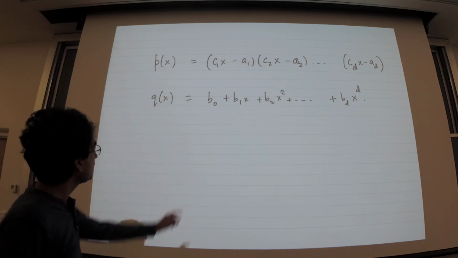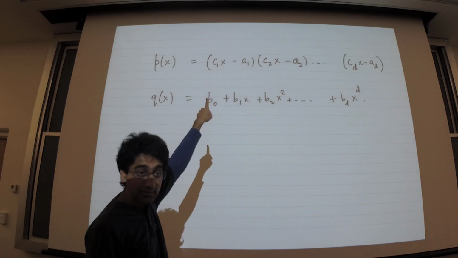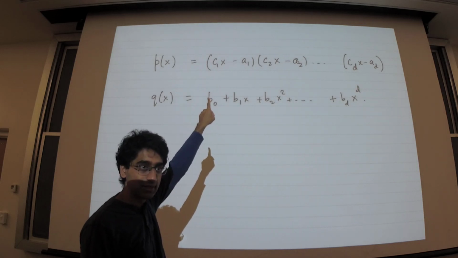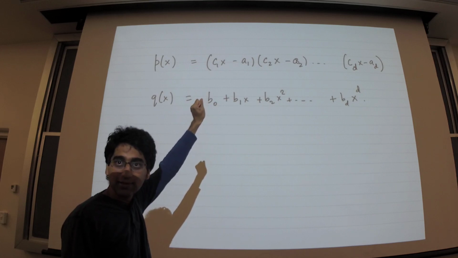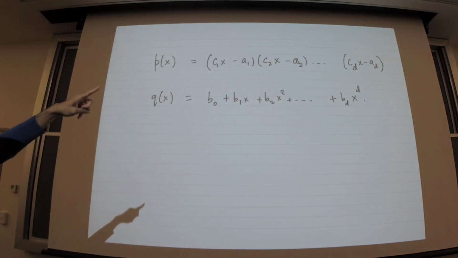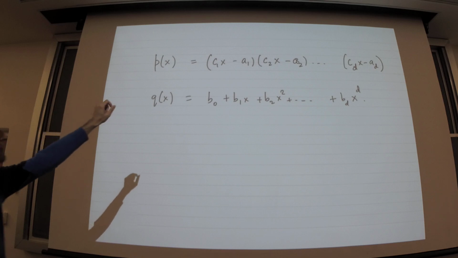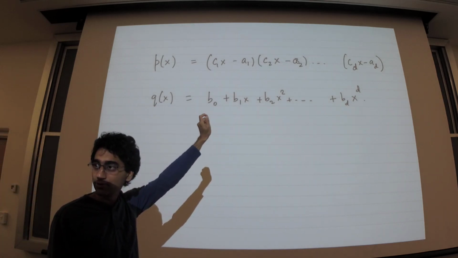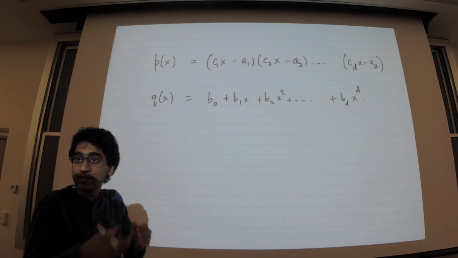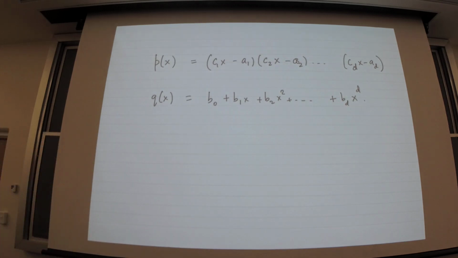Okay, so now if you had to check by expanding p of x symbolically, without actually plugging in a given value, then I claim that you have to compute the coefficient of each power of x. And if you look at how many terms are involved in computing these coefficients, you will actually end up with exponentially many terms that you could add up. Exponential in d.